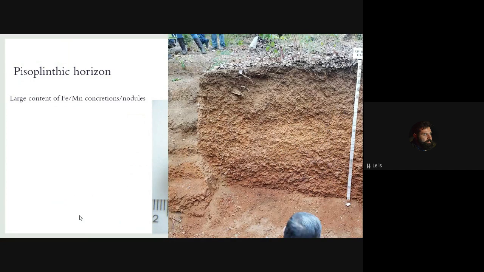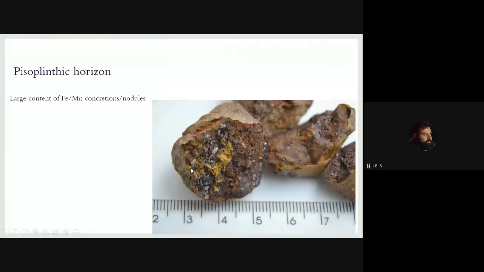As we can see in this picture, here we have several pisoplinthic horizons, like here, here, here, and even very close to the surface, because we have a lot of these materials.